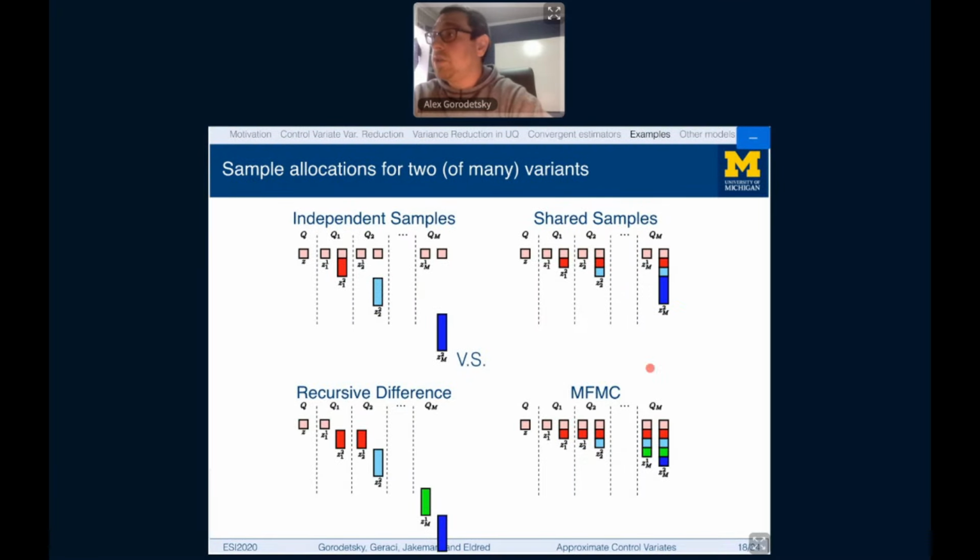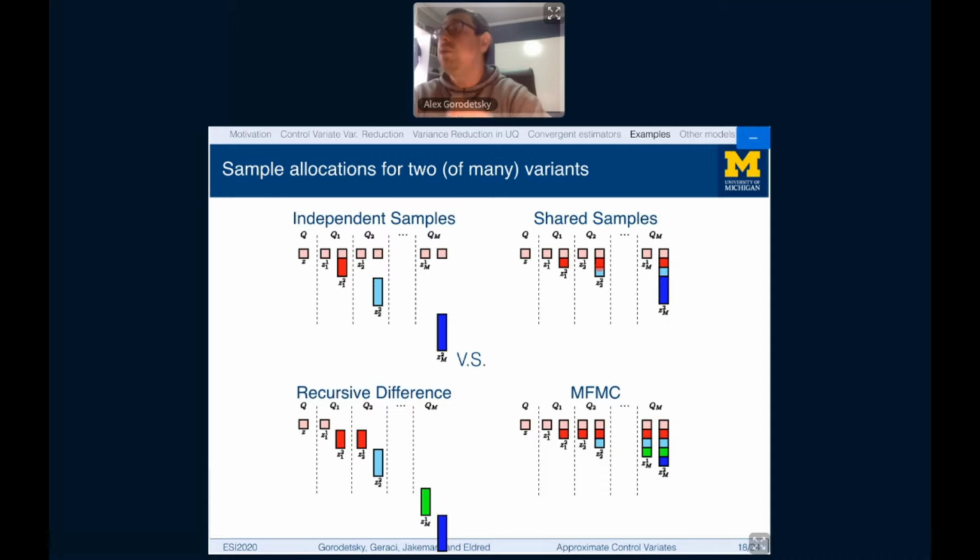So just to compare this explicitly, for instance, for the MFMC, all we do is ignore the samples that you had in the first column of the low fidelity simulation sources, and just consider the same exact samples for the high fidelity information source.